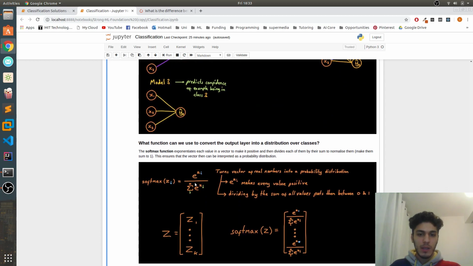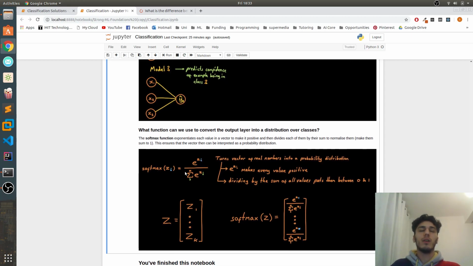Now here, this is basically talking about the softmax function and how that works. The softmax function takes each output and exponentiates it to turn it into a positive value, and then we divide it by the sum of all the outputs exponentiated. It's kind of self-explanatory.